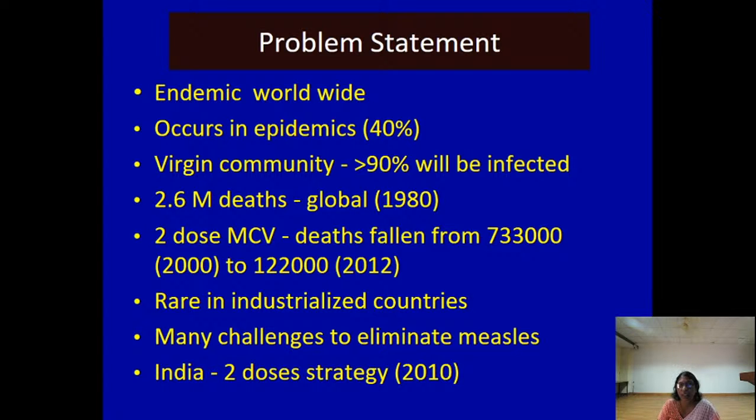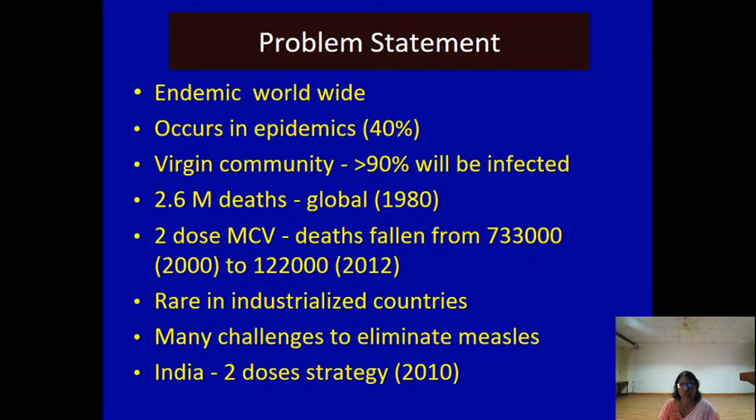And globally, as I told you, it has high morbidity and mortality. The deaths reported at global level as of 1980 are, the figures are old, but these are the figures which are available.